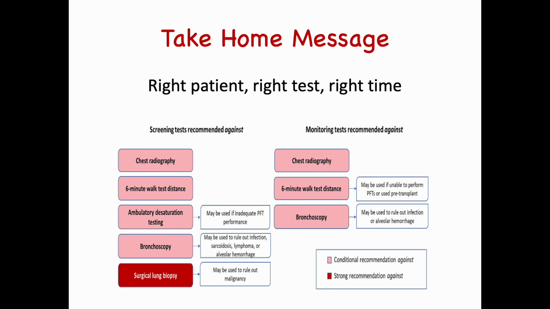When do we use ambulatory desaturation testing? For monitoring. When can we use the 6-minute walk test? When your patient cannot perform a PFT, or when a patient is undergoing transplant, it may be a part of the whole algorithm. We do not use a chest X-ray routinely for monitoring unless you were suspecting an infection and you wanted to look out for that.